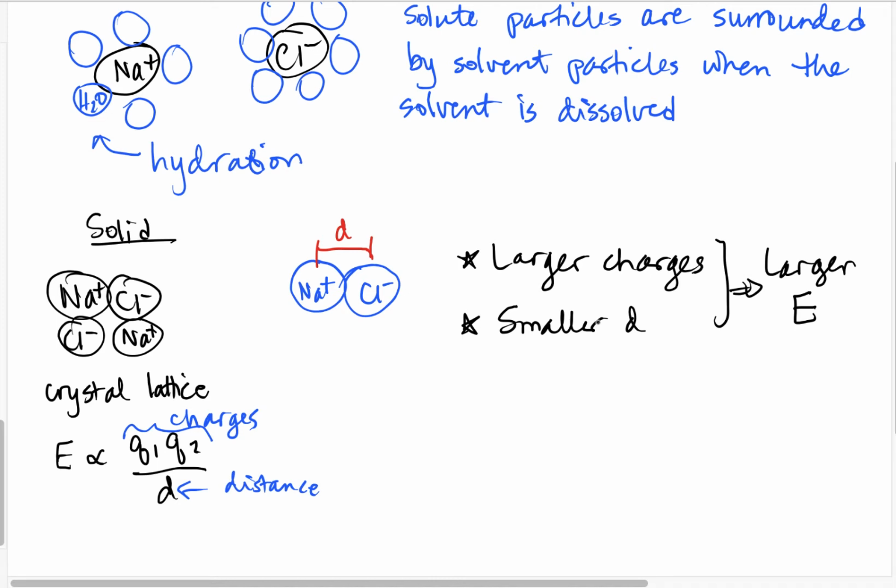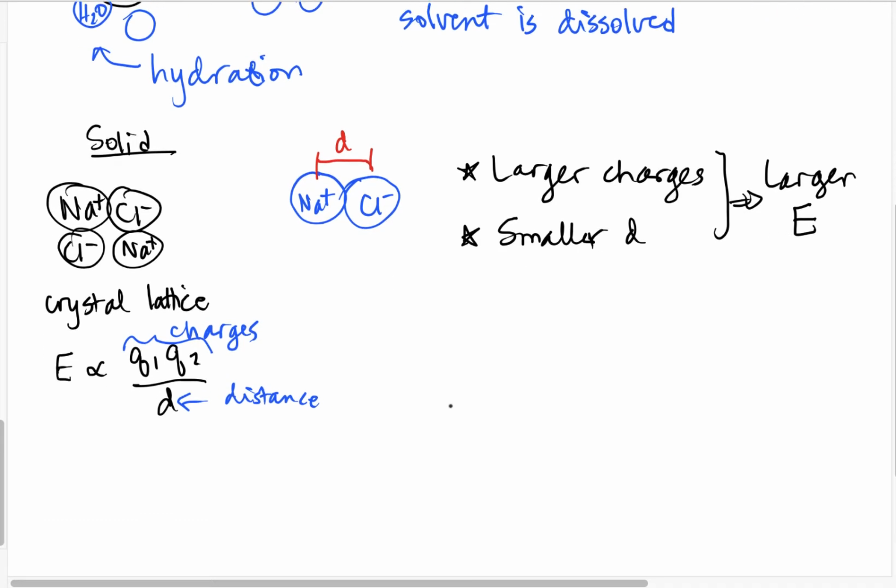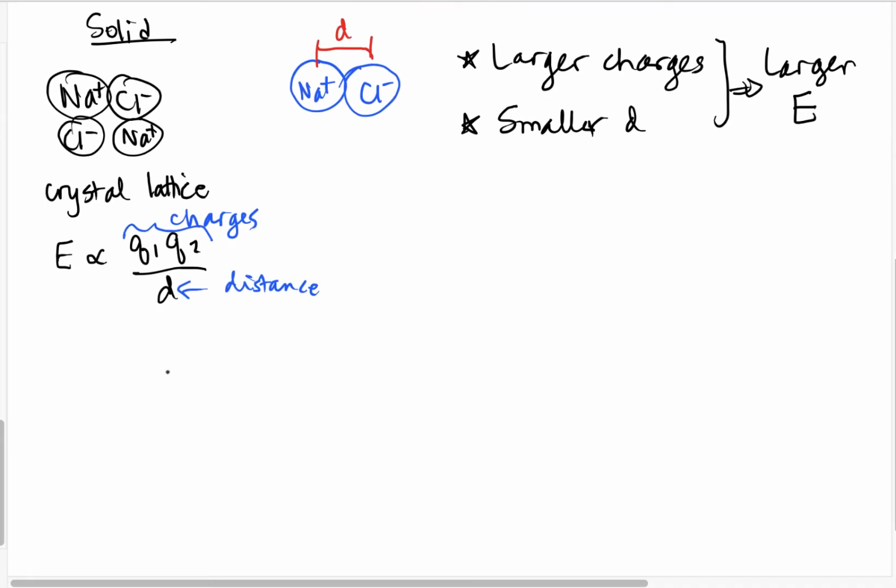If you have particles that are really large, then they're going to have a larger D, and even though they might have larger ion charges, they might end up having a smaller overall Coulombic attraction because those particles are farther away from each other. And this ties in with our solubility rules that we studied a long time ago, right?